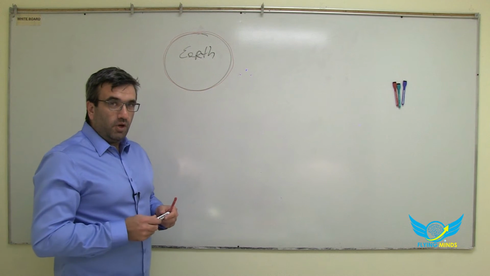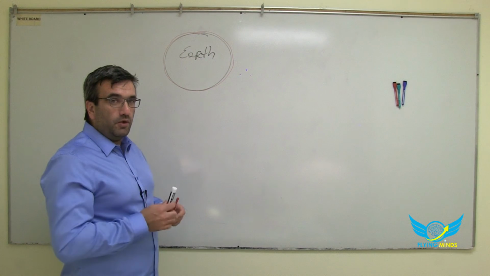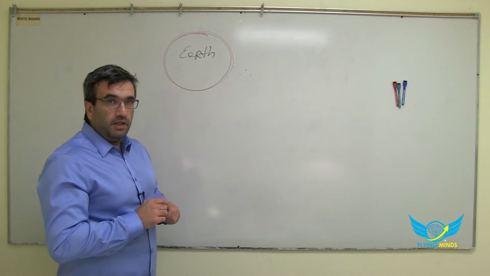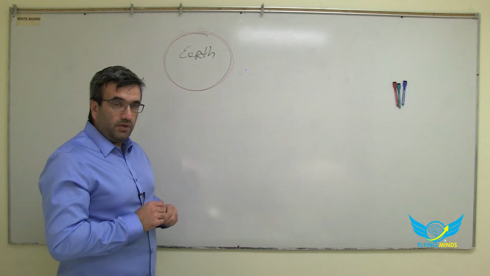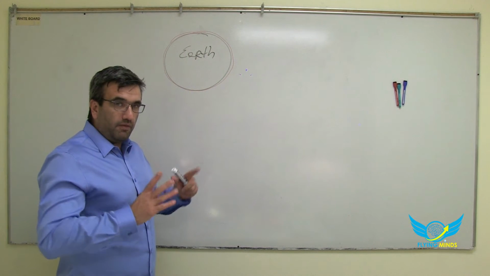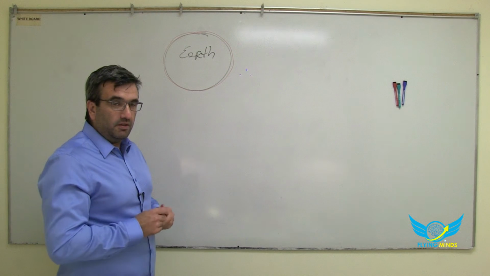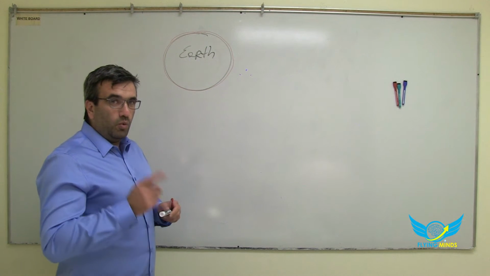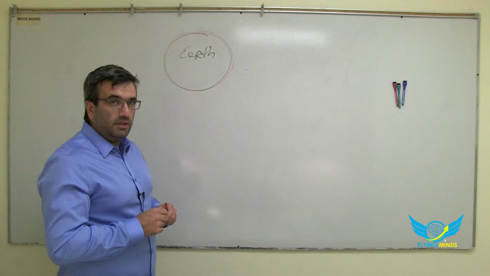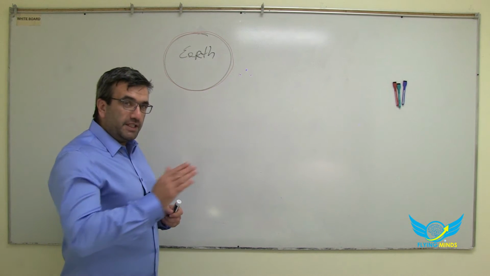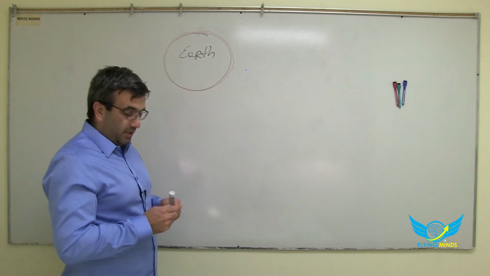Now, the question is, if we increase the circumference of the rope, the length of the rope, by 1 meter, will a mouse be able to sneak in between?